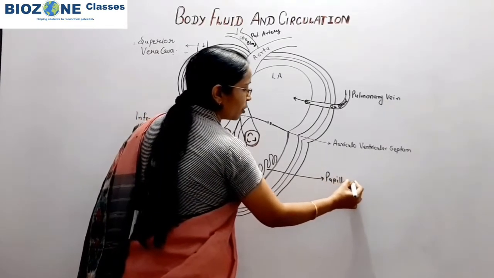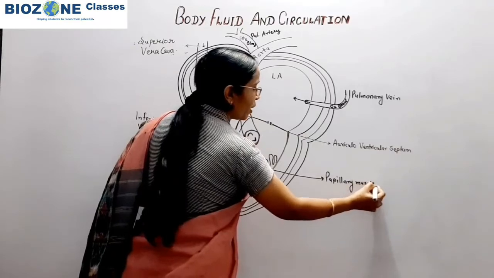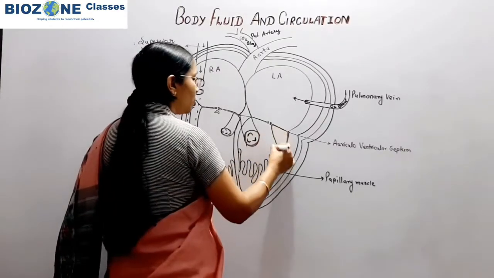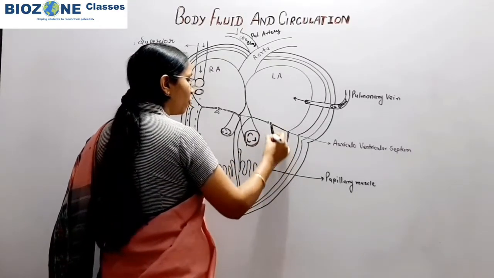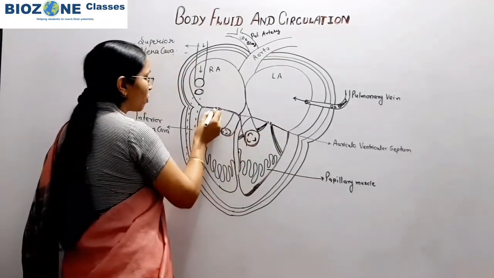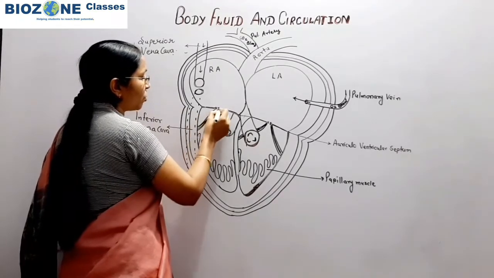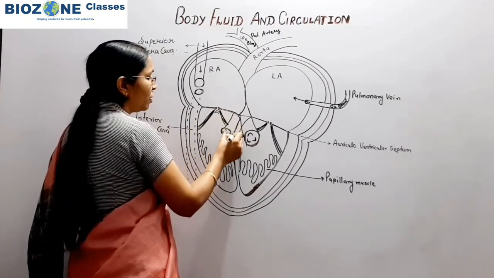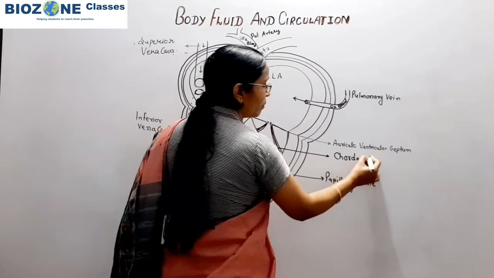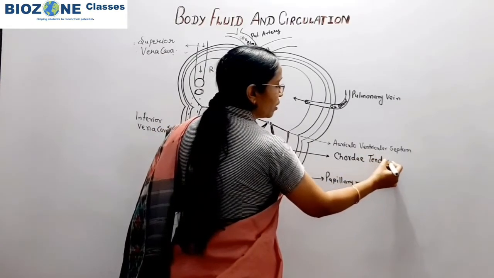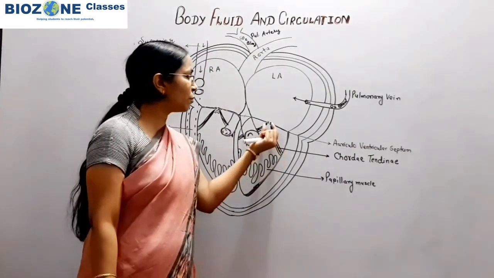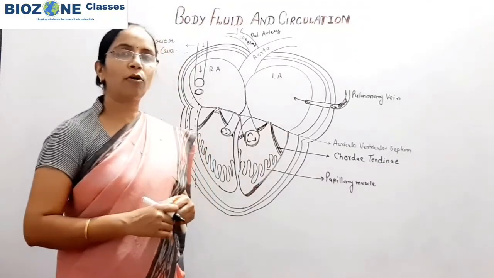Papillary muscles are present in the inner layer of the ventricle, and in addition to that, to control the opening and closing of the cuspid valve properly, the chordae tendineae, special bands of cardiac muscles, are present. So chordae tendineae are the bands of muscle fibers or cardiac muscles which are responsible to control the opening and closing of the cuspid valve.